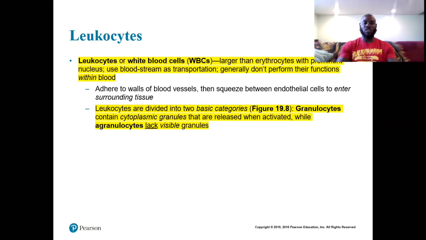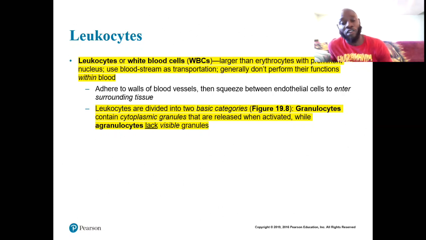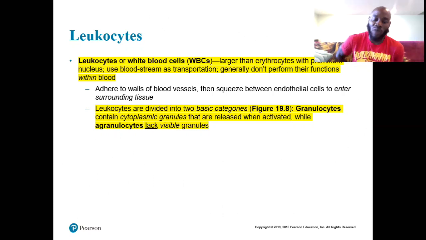Your white blood cells, your leukocytes. All right, so remember, erythrocyte, red blood cell, RBC, leukocyte, white blood cell, WBC, right? Hopefully you've read these in a chapter and so they're already somewhat familiar to you.